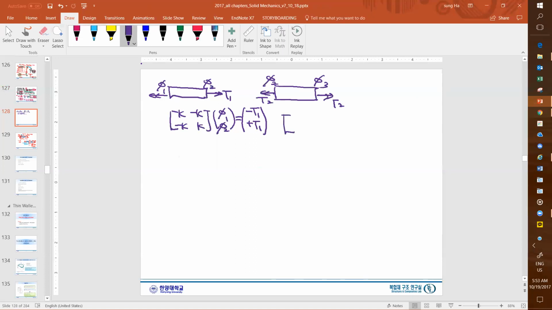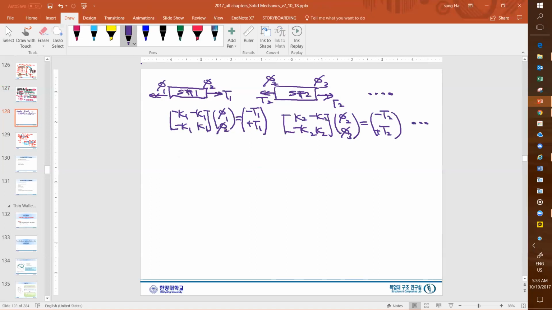This will be K, minus K and minus K and K, and this will be phi2 and phi3. And this will be minus T2 and plus T2. By the way, this is shaft number 1, so I would like to call it K1. And this one is shaft number 2, so this will be K2. And so on.